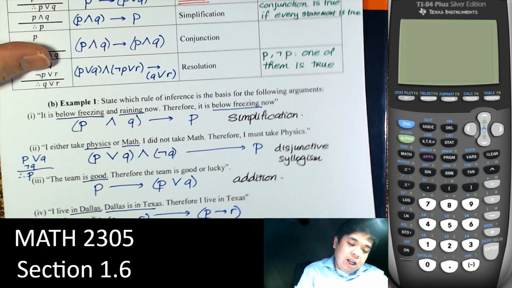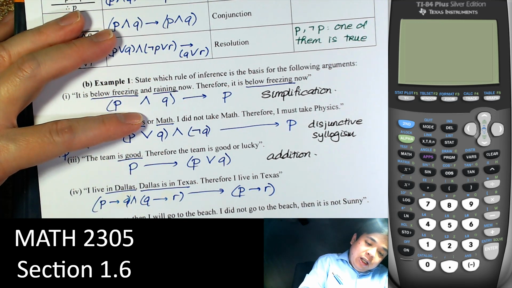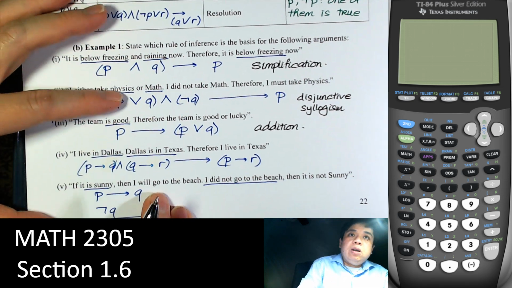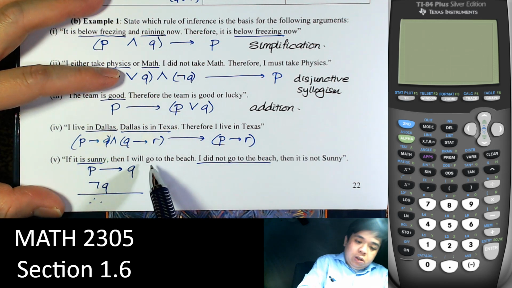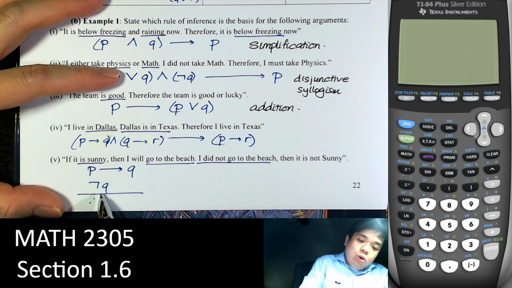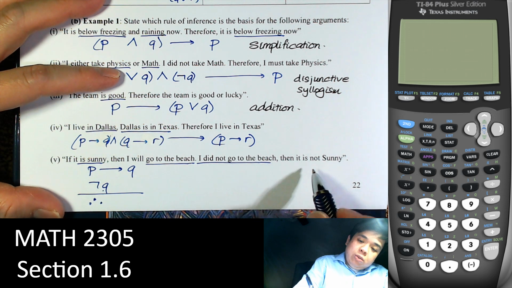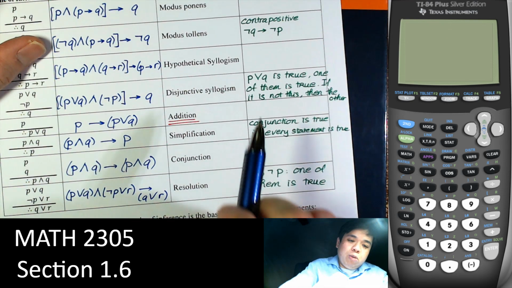Right, next, if it is sunny, then I will go to the beach. I did not go to the beach. Therefore, sorry, if it is sunny, I go to the beach, P implies Q. I did not go to the beach, not Q. Therefore, it has to be not sunny, not P. Of course, this is kind of like the contrapositive.